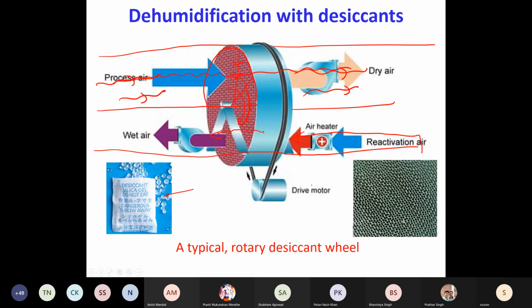By regeneration I mean it will desorb. So you have absorption happening here, and here it will desorb the silica gel. Water in the pores will now come out as water vapor. It will mix with the incoming hot air and go out as wet air. So you have to provide hot and dry air over here.